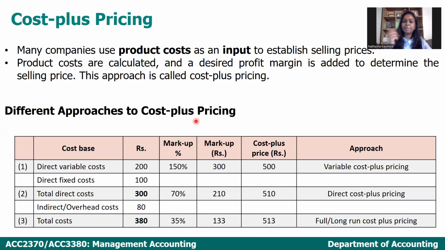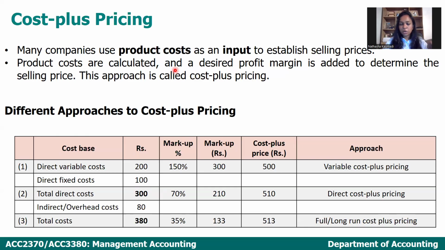Many companies use product cost as an input to establish selling price. So to take the pricing decision, you take the cost as the base. Product costs are calculated. You have to calculate the cost first. If you don't have the cost, you can't use cost plus pricing, right?